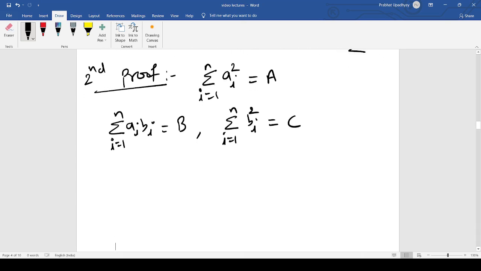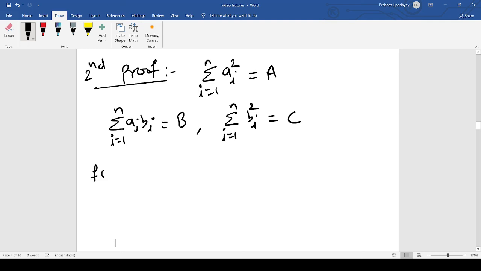Now consider a function f of x given by A x square minus 2B x plus C. You can say this is a quadratic polynomial in x.